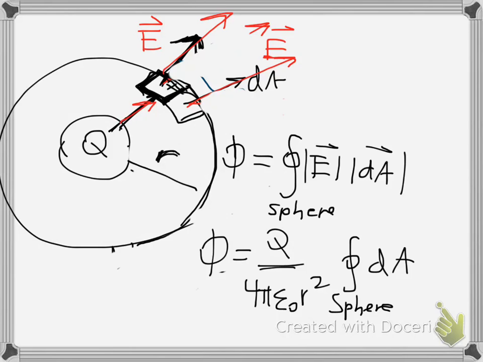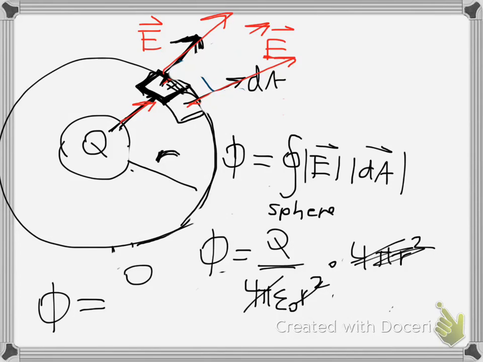So the integral of dA is just the surface area of the sphere, which is 4 pi times the radius of the sphere squared. Now we factor out the E, which is q over 4 pi epsilon 0 r squared. We can cancel out the 4 pi r squared. And now we have the flux is equal to q over epsilon 0.